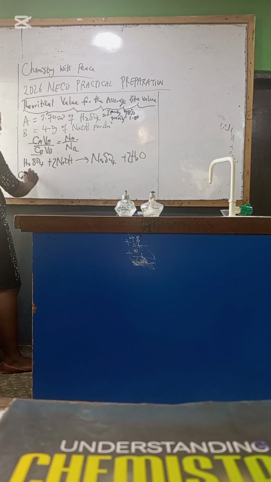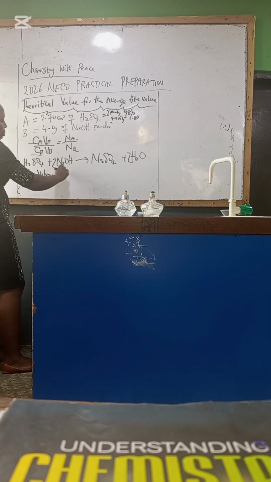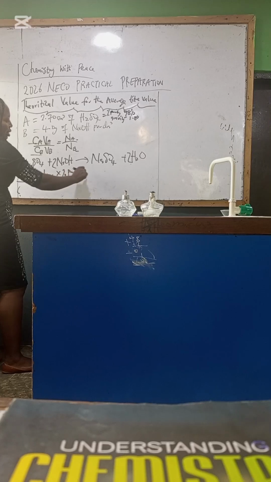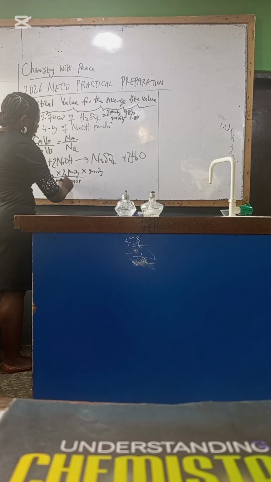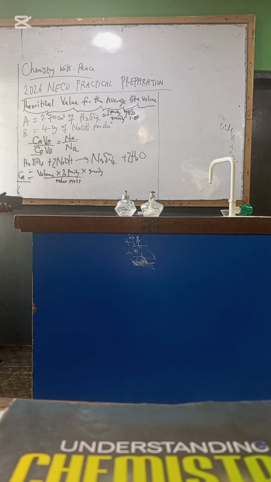To calculate this, we are going to use the formula volume times percentage purity times gravity all over molar mass.